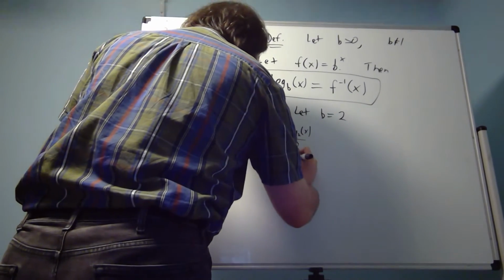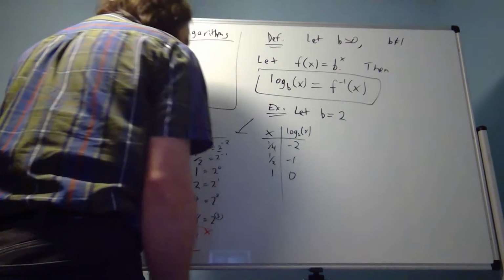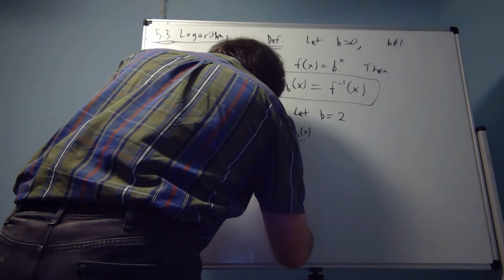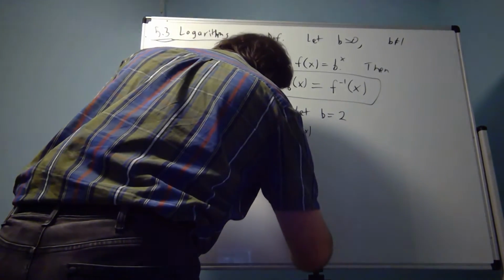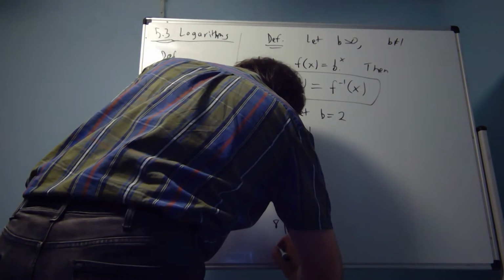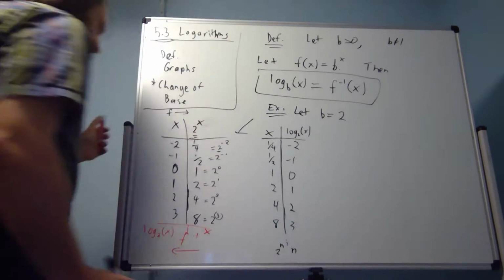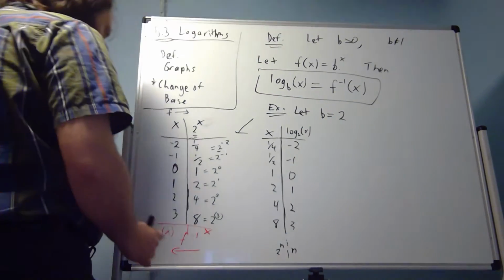What power of 2 is this? That's the negative first power. 1 is the 0th power of 2. 2 is the first power. 4 is the second power. Log just tells you what the exponent is.